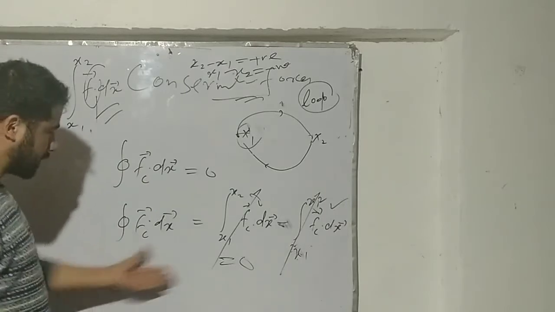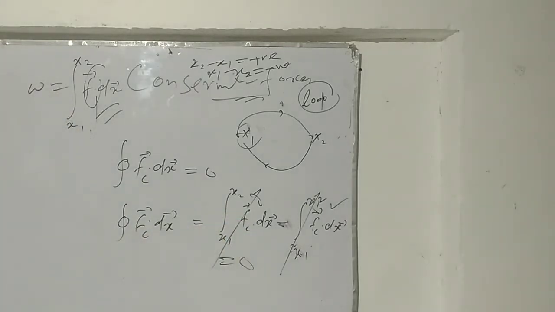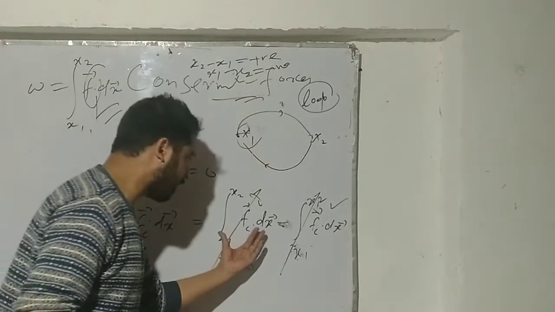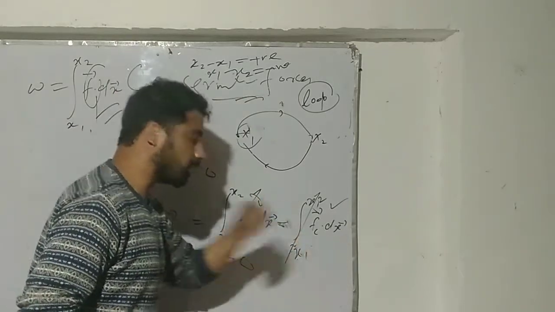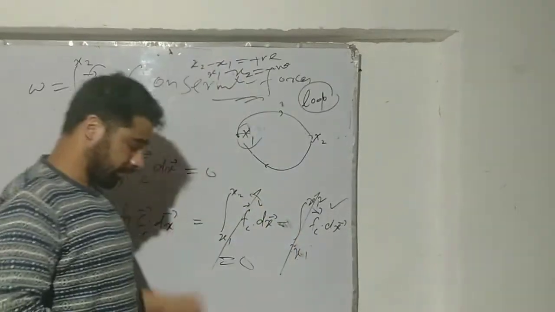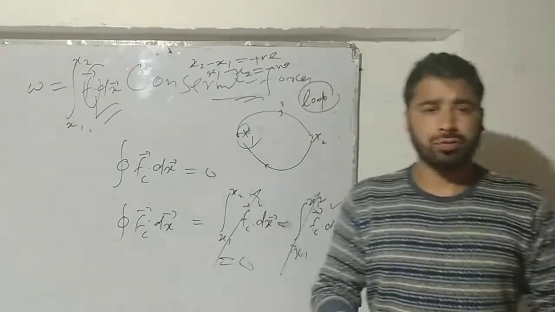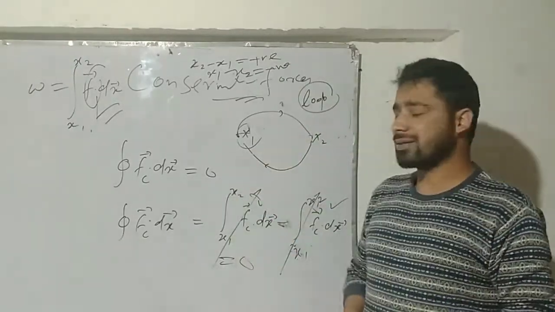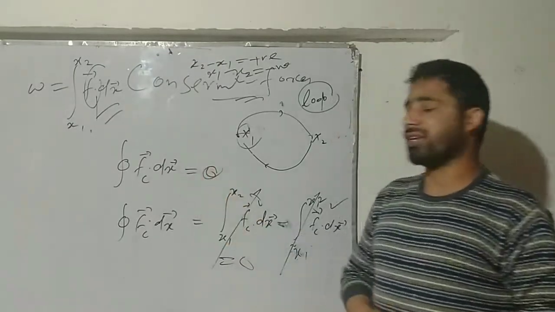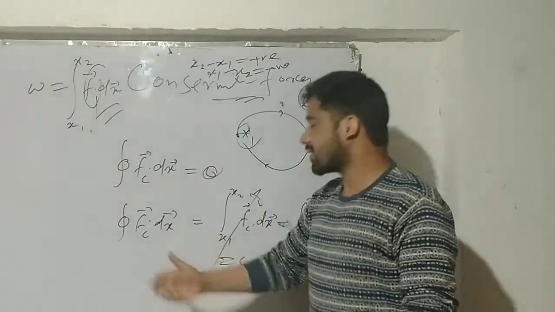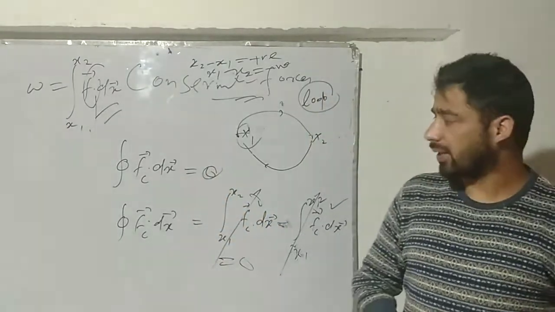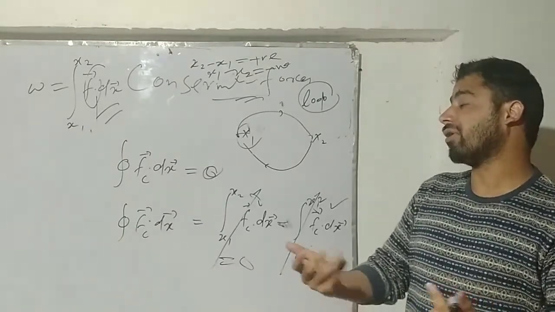But the more specific logic is this. I choose this path, my integral will be this. I choose this path, my integral will be this. After doing the usual procedure, I get this 0 condition, which gives an important conclusion.